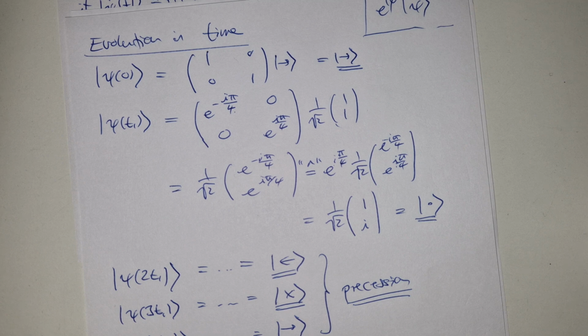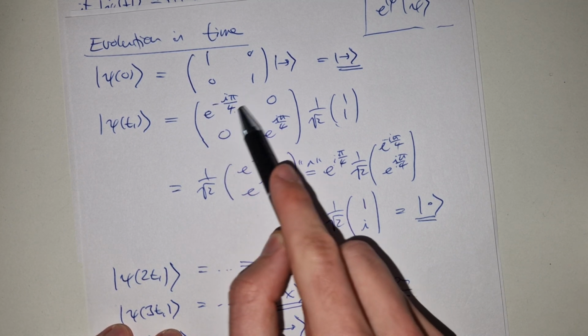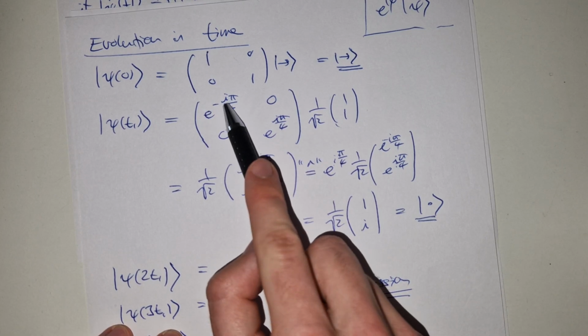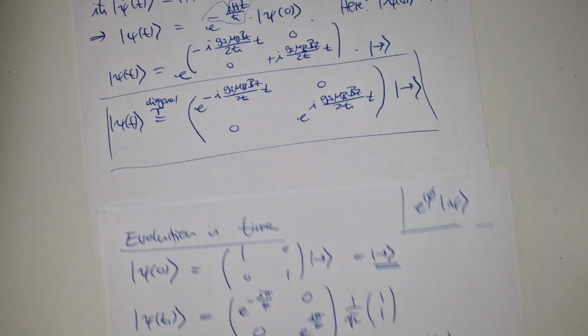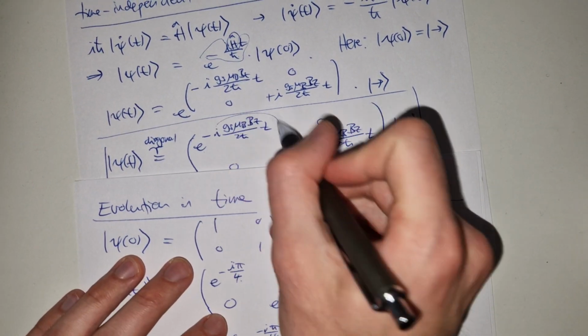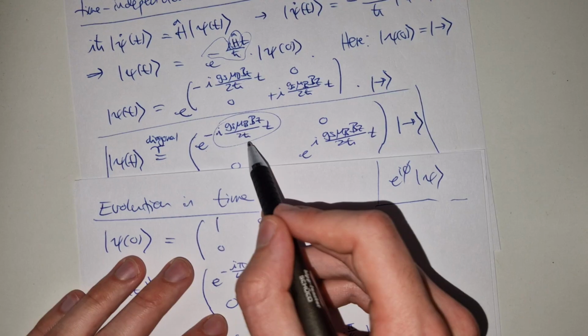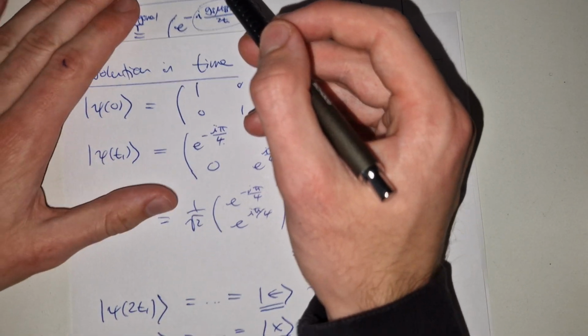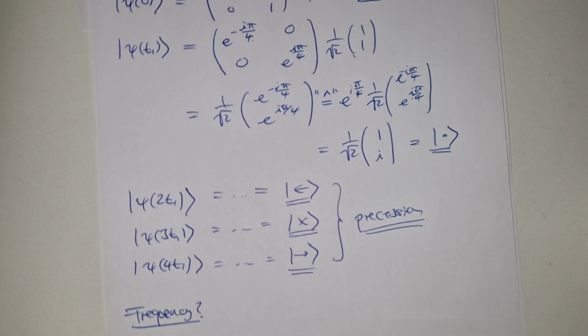So one full cycle has passed when we get an exponent of plus or minus I times pi in the matrix. So if this thing here is I times pi, we know that one cycle has passed, which will then directly yield the time of one cycle, right?